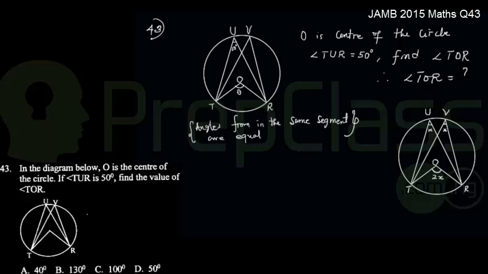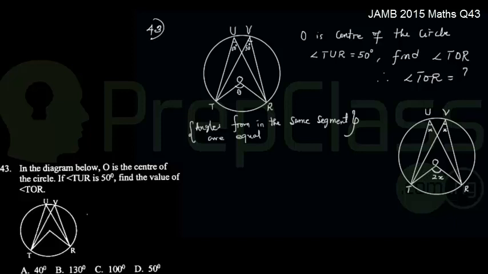That is why from this diagram we have here, if the angle here is x, likewise the angle here would also be x, because they are in the same segment. So from the question, completing the diagram, if the angle here is 50 degrees, the angle here should also be 50 degrees. But the question exactly says we should find angle TOR, which is angle theta.